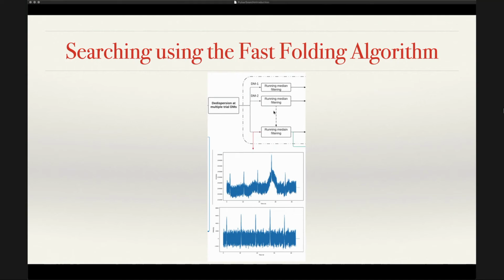And so you can use something like a running median filter, and you run that over the data, and this will give you a nice, smooth baseline. So the first thing we'll do is we'll smooth out our data using this running median filter.